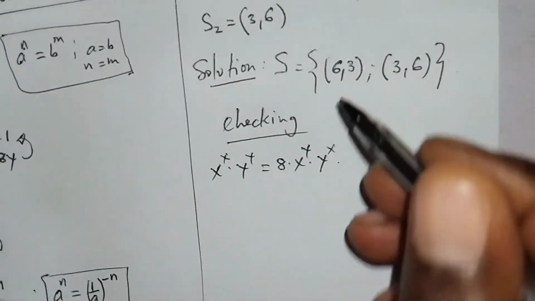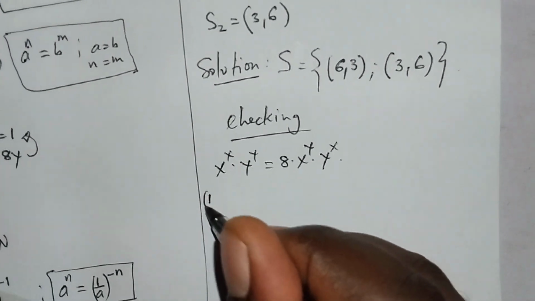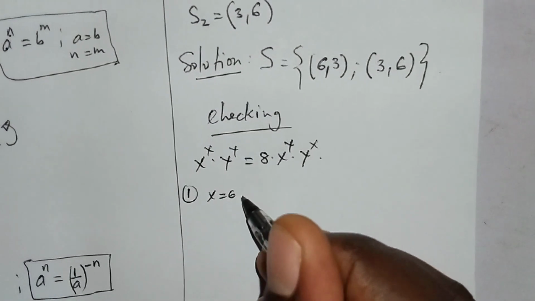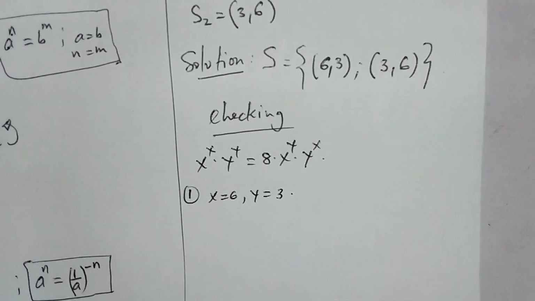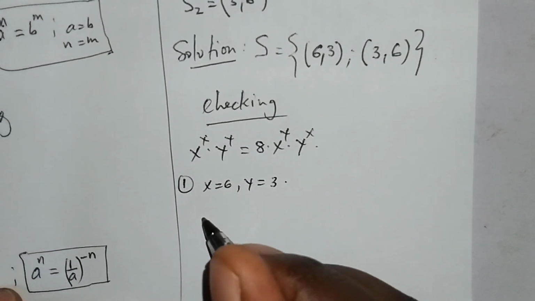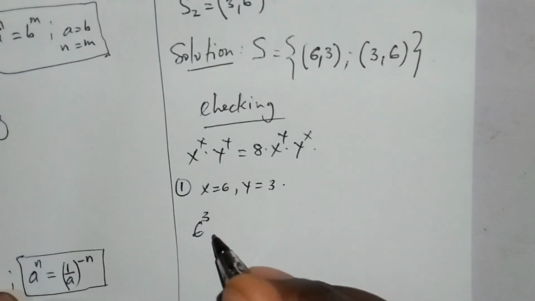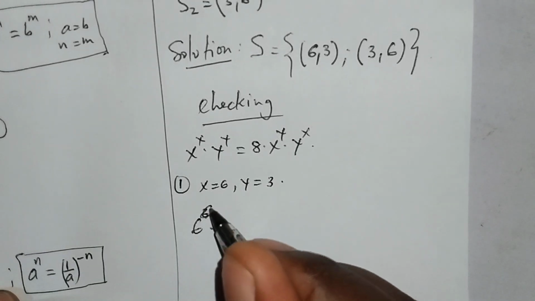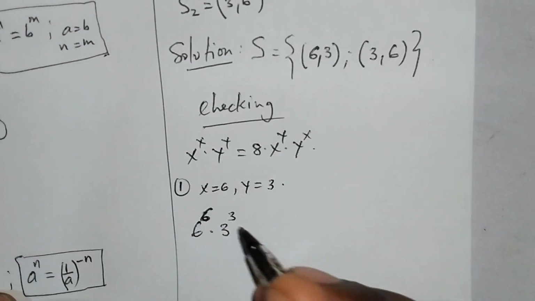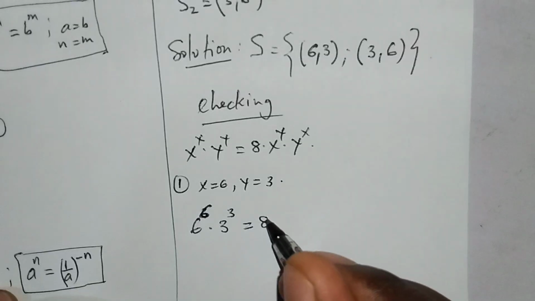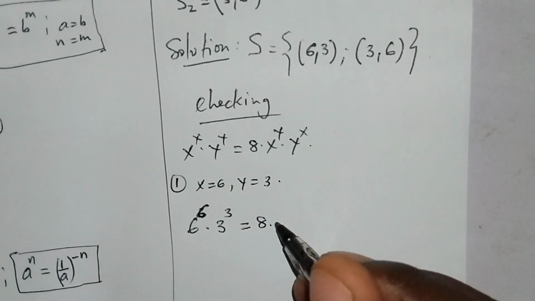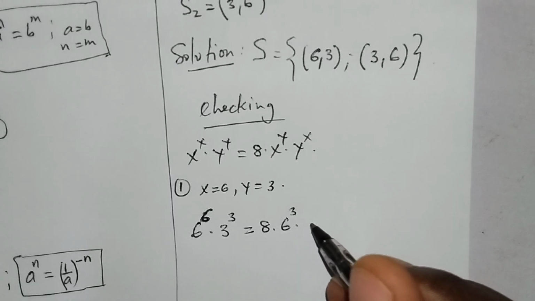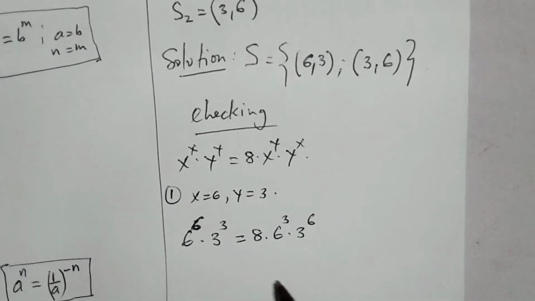From solution 1, when x equals 6 and y equals 3, it is 6 power 6 times 3 power 3. Is it equal to 8 times 6 power 3 times 3 power 6?